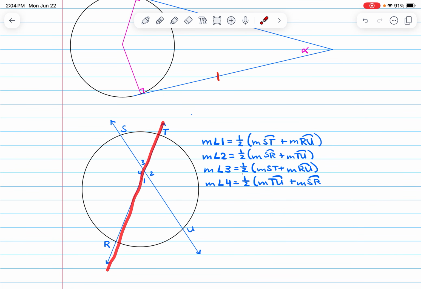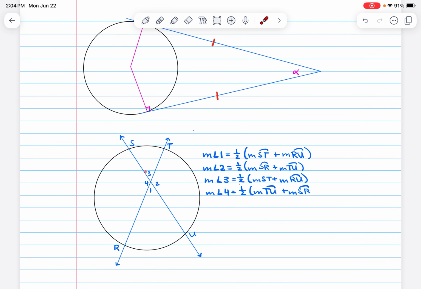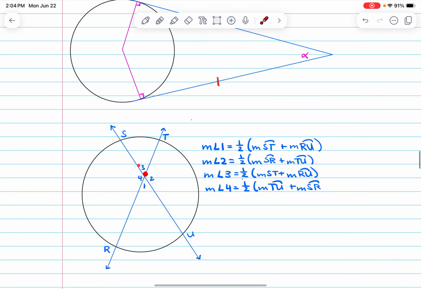Now, let's suppose that we've got two secants right here, and they meet inside the circle, and four angles are formed: 1, 2, 3, 4. The measure of angle 1 is equal to half the sum of this arc plus this arc.